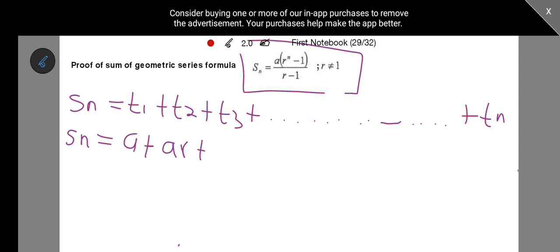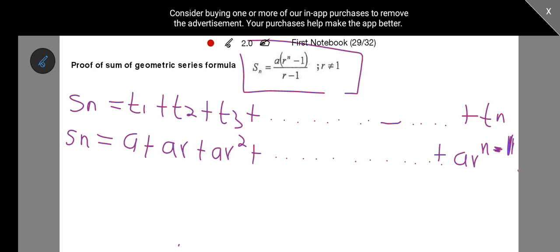T3 is ar squared. And they go further up until the Tn of a geometric sequence, which is ar to the power of n minus 1. Check the video on how to find the equation of a geometric sequence. You'll get that Tn is equal to ar to the power of n minus 1.